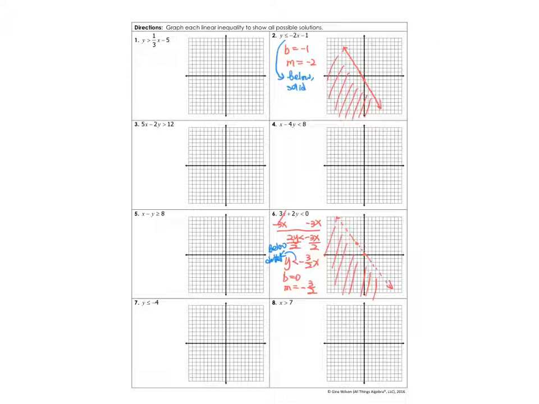Okay, 2 special cases. Number 7, y is less than or equal to -4. So before I start, I know this has to be a solid line, and then it's below, right? So y equals -4 is 1, 2, 3, 4, is here. That's -4.